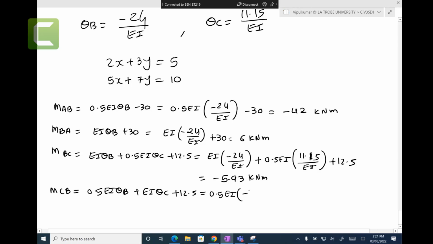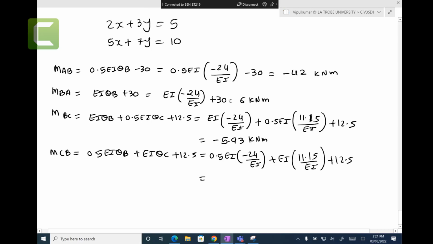0.5 EI times minus 24 on EI plus EI times 11.15 on EI plus 12.5, which is 0.5 times minus 24 plus 11.15 plus 12.5, giving 11.65 kilonewton meters.